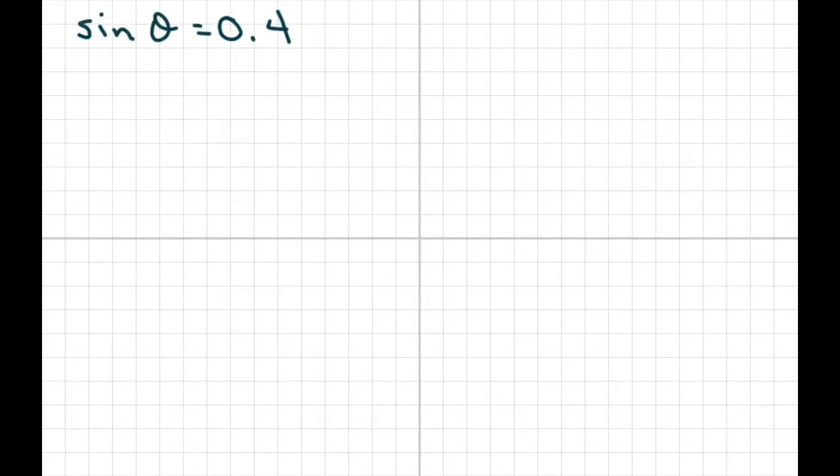Any calculator will do. So the first one we have is sine of theta equals 0.4. What we want to do is get all values where sine is equal to 0.4. And we know, based off of our other trigonometry, that we have All Students Take Calculus.